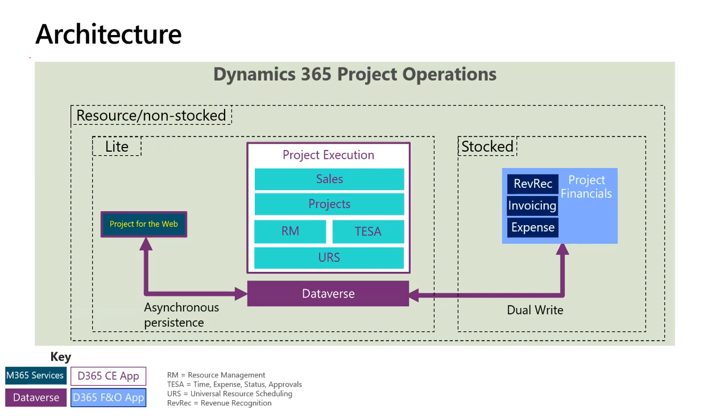Similarly, if we are adding a feature on the stock deployment from an accounting perspective, we might be starting with stock deployment, but we try to bring it to the resource non-stock deployment as well. Something to keep in mind as we continue to review our features. More details about the architecture are covered in our previous Tech Talk, and links for the previous Tech Talks are available in the resource section as well.